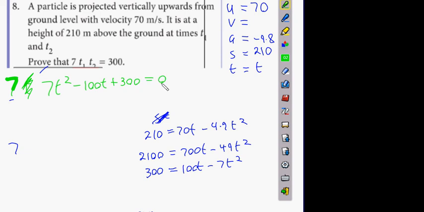Now, I am sure if these factorise. The way I usually figure these out is I multiply the first one by the last one. I get 2,100, and then I break up 2,100 into 70 and 30, which are both negative. So yes, there is something I can do there.